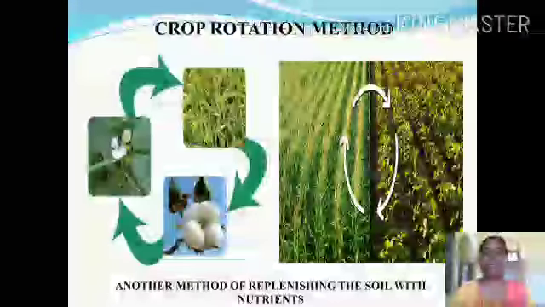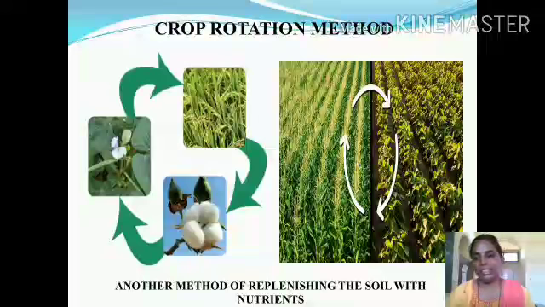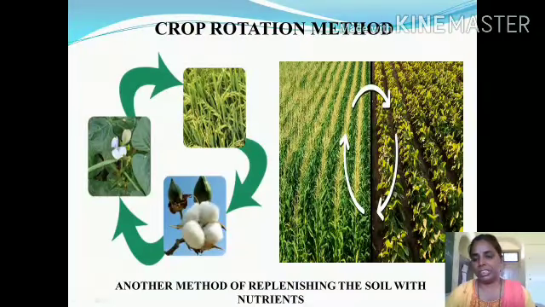See here, this is the crop rotation method. In this, we are observing the leguminous crop, green gram. In one season we are growing green gram, and next a monocotyledonous crop, jowar, maize, wheat, anything. And again back to the dicotyledonous and then monocotyledonous. That is how we are rotating the crop.